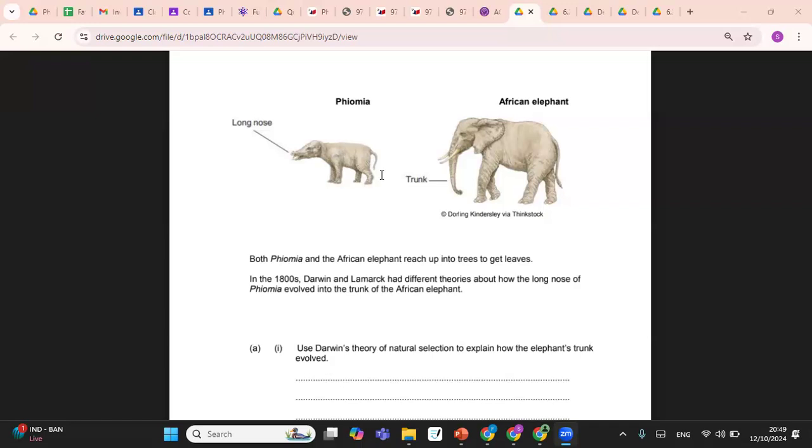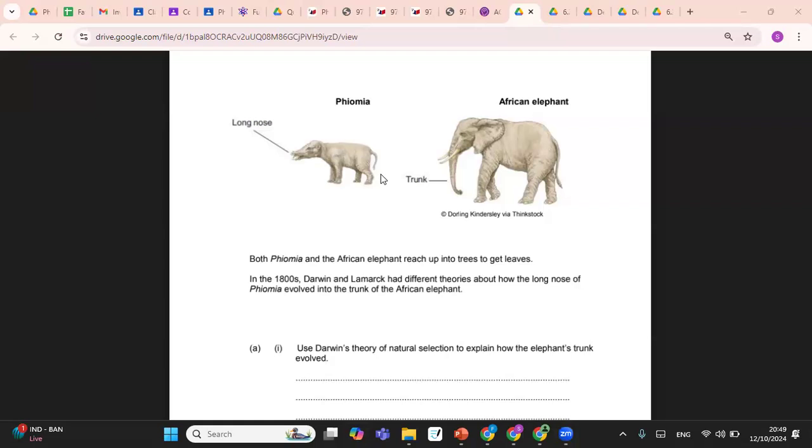The one regarding isolation and natural selection and all that, that's what we know now. That's our current knowledge. We're talking about Darwin's theory. So Darwin had noticed that there is variation. Then, whoever has the best chance of survival, their genes or their trait is passed from parent to offspring, and eventually that trait will become dominant.